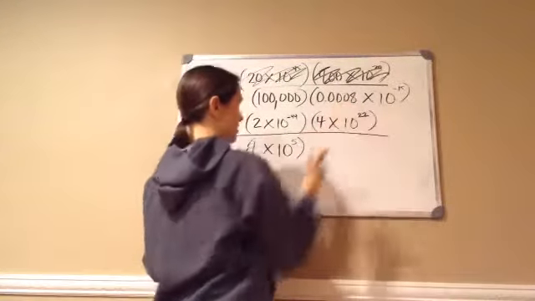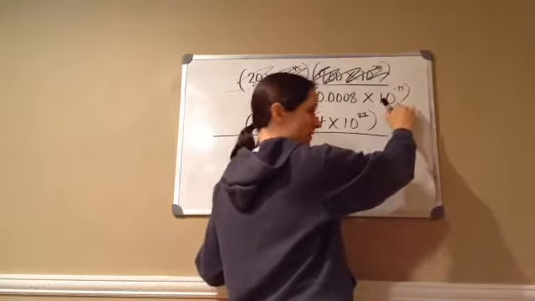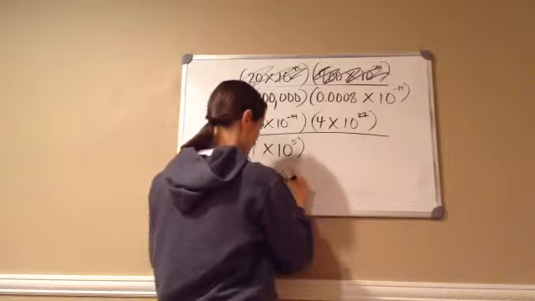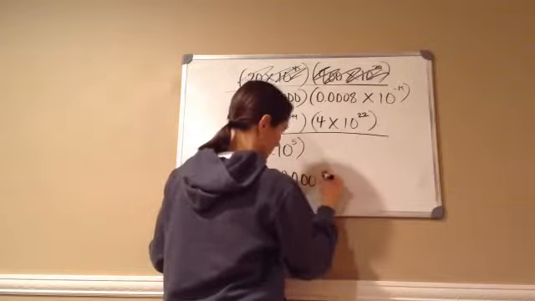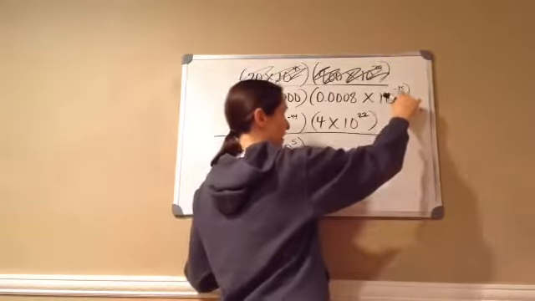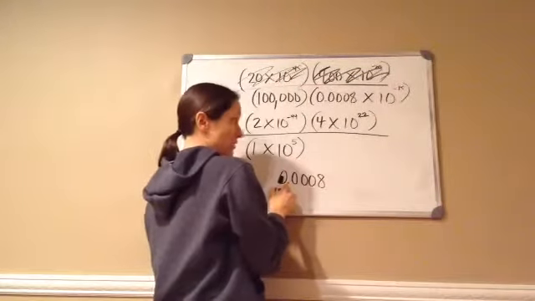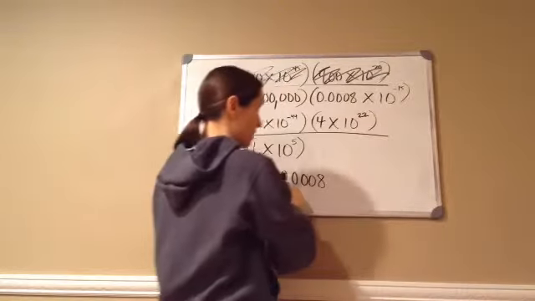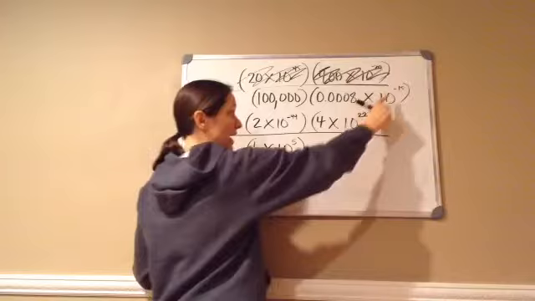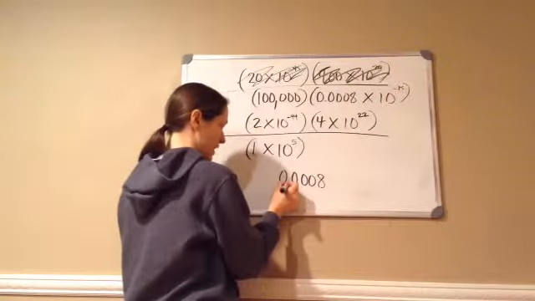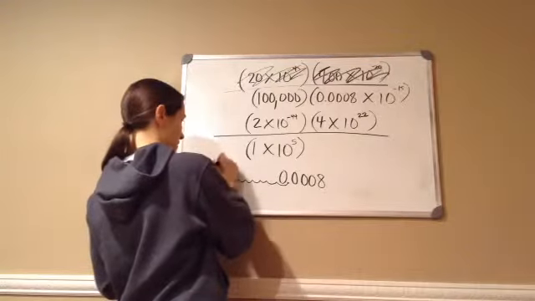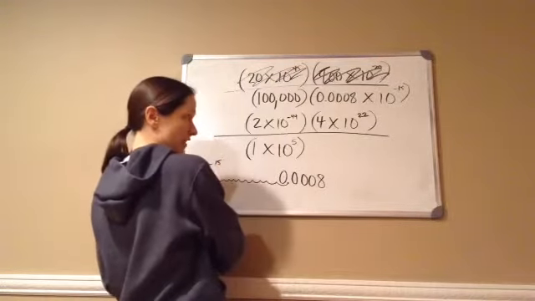Alright, and then this last one. It looks like it's in somewhat scientific form, but it's not proper because this decimal's here instead of here. So, let's write this down right here: times 10 to the negative 15. Here's the decimal. Let's make it into a standard number. I'm supposed to go to the left negative 15 times: negative 1, 2, 3, 4, 5, 6, 7, all the way to 15 times.